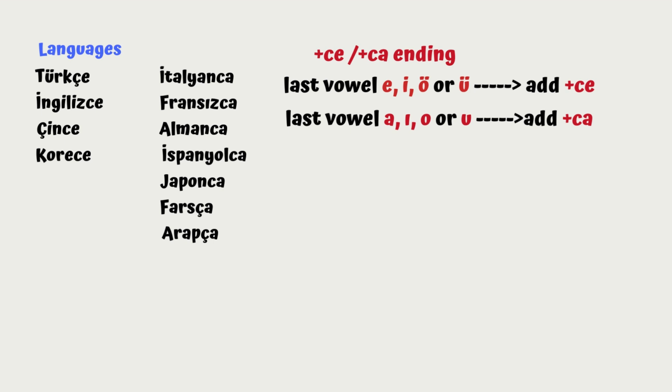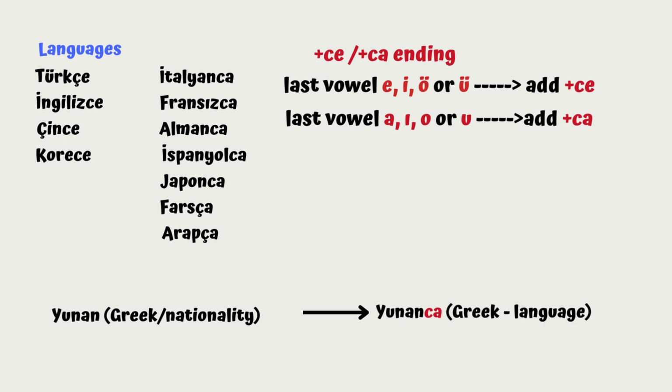Let's practice this. So Yunan means Greek, it's a nationality. Can you guess the language? Yep, Yunanca. It's Greek again, but this time it's language. And the last vowel was a, so I add ca. How about Ermeni, which means Armenian as nationality?